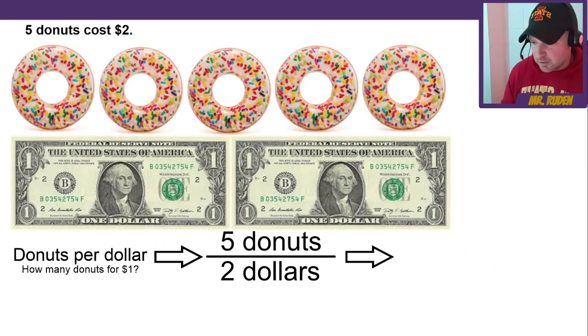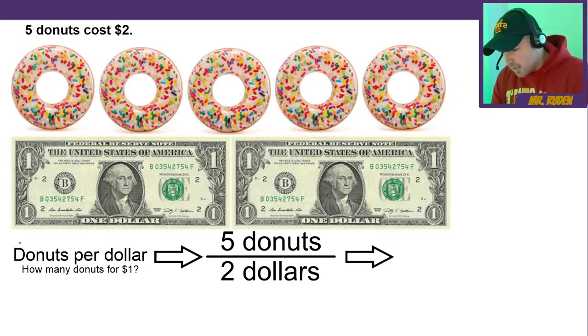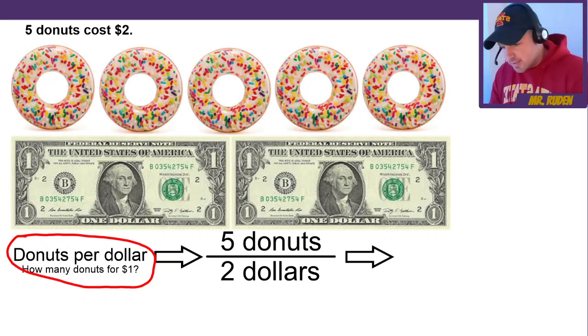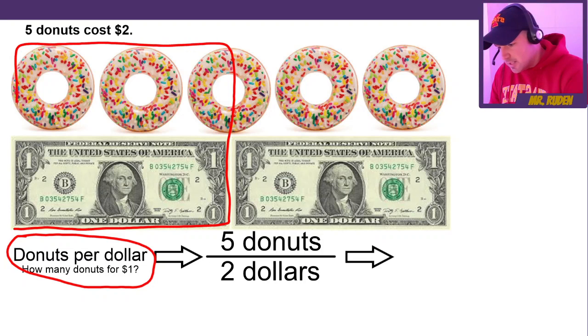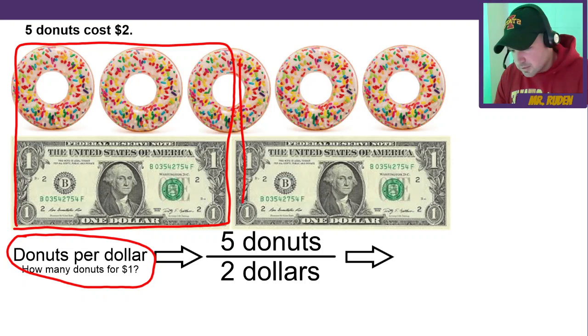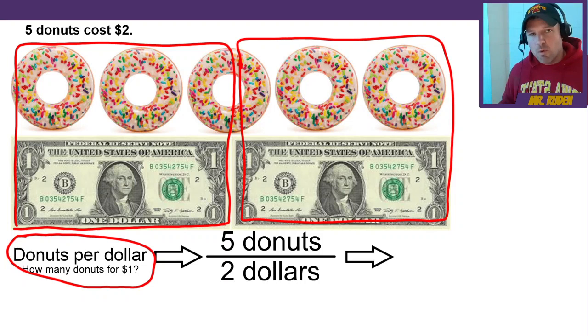Let's take a look at another one. If I get 5 donuts for $2, again, there are 2 unit rates we can find, and one of them is donuts per dollar. So how many donuts do I get for just $1? Again, I'm going to put these into groups of $1, and if I group these, how many donuts are covered with $1? It looks like about 2.5 donuts are covered with just one of those dollars.